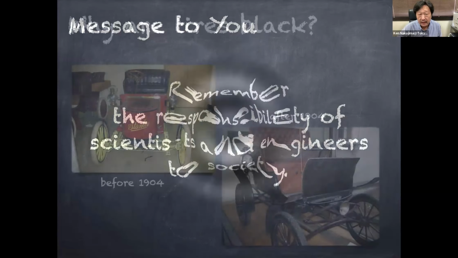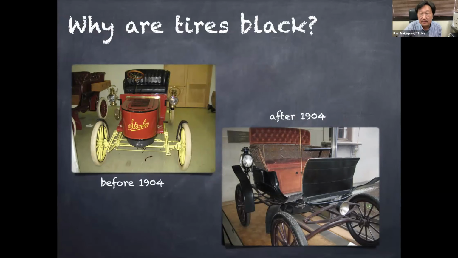Okay, now let's move on to the next topic. This was also already mentioned by Kuboyama sensei this morning. He said he would put the same question, and I once again put the same question here: why are tires black?